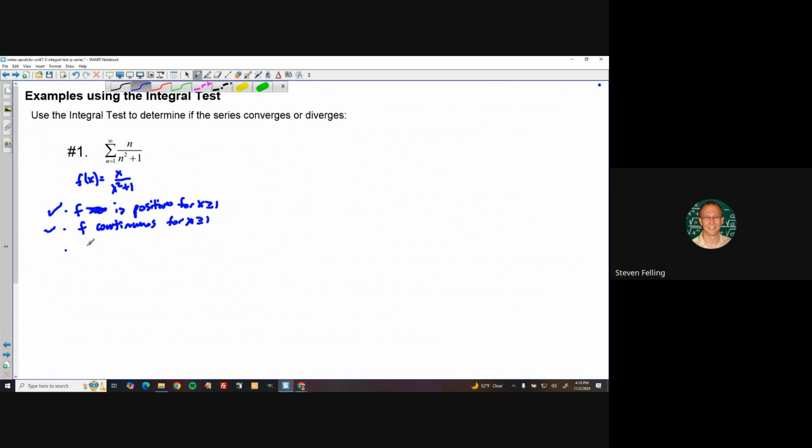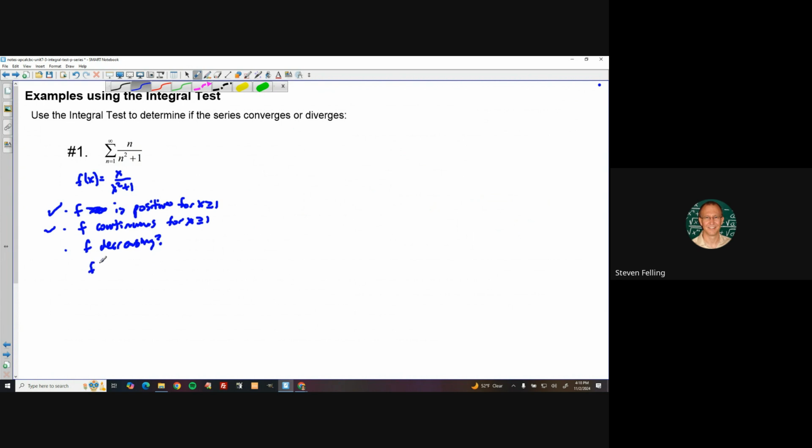Okay, the trickier one is showing that this is decreasing. Is that true? To test that, what we typically do is consider the derivative. The derivative is a great way to show that it's decreasing, because if the derivative is negative, then we know the function's terms are decreasing.